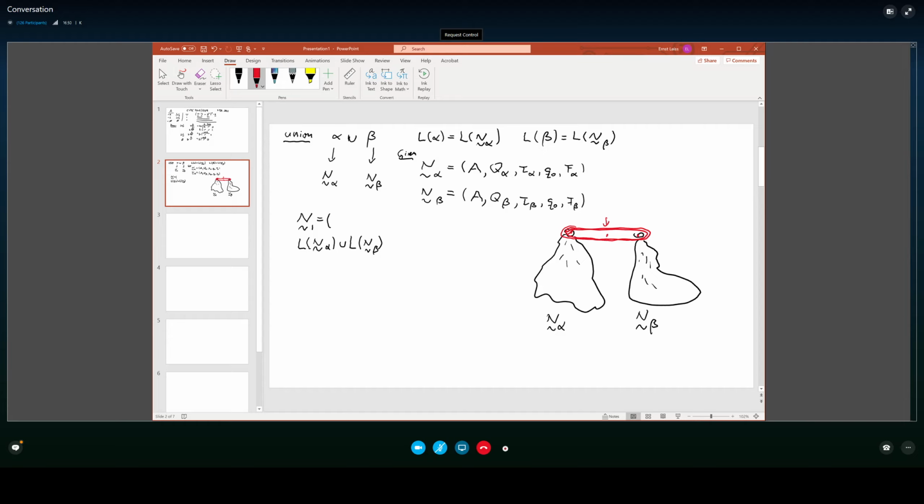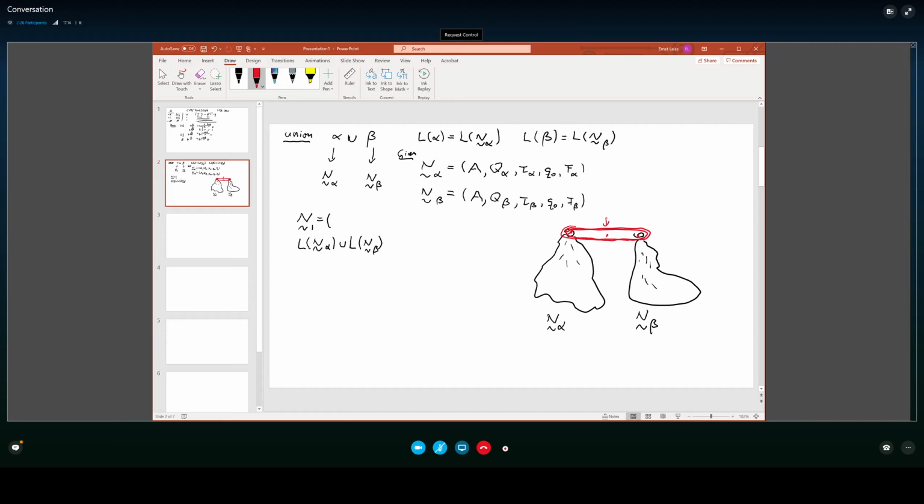Well, think about it. What would this new automaton that I obtain by identifying these two initial states as the initial state of that union automaton, well, what will it accept?